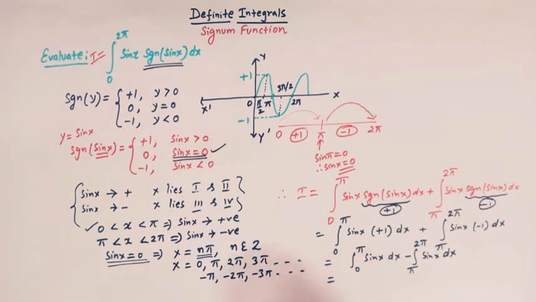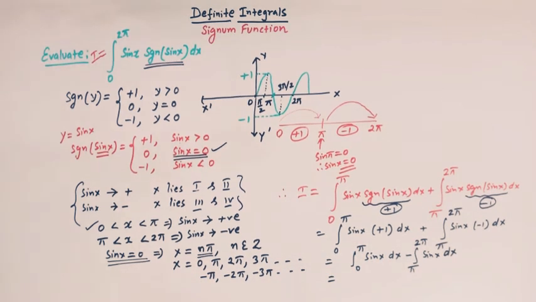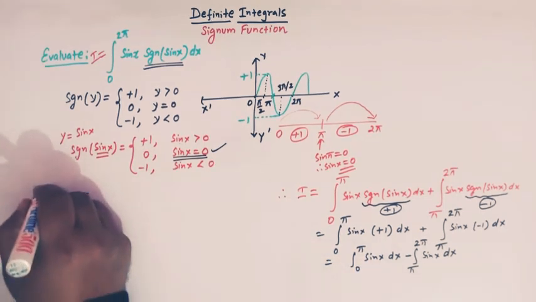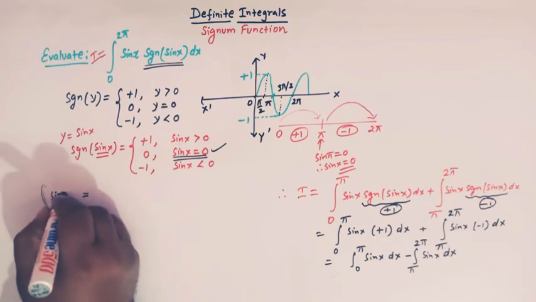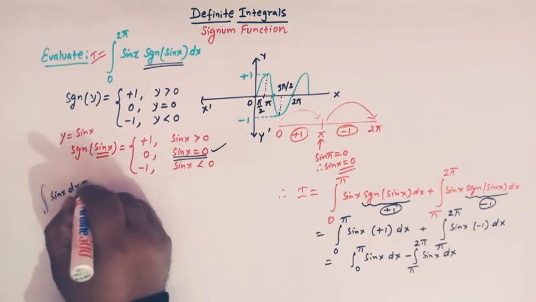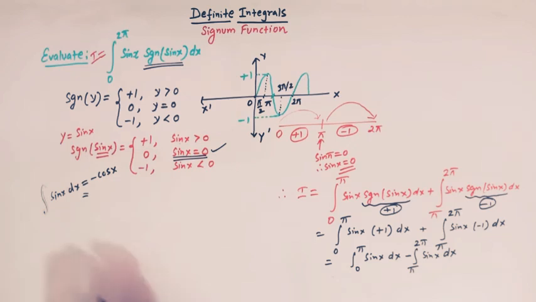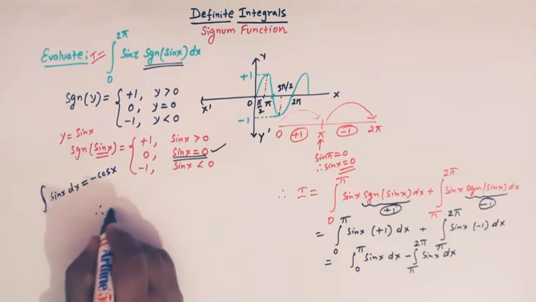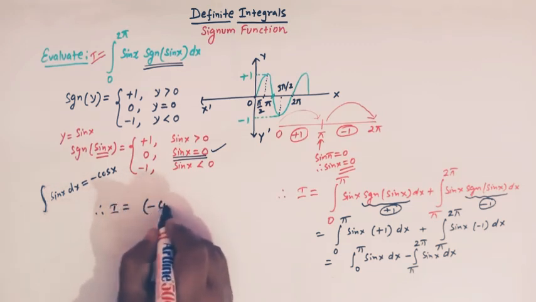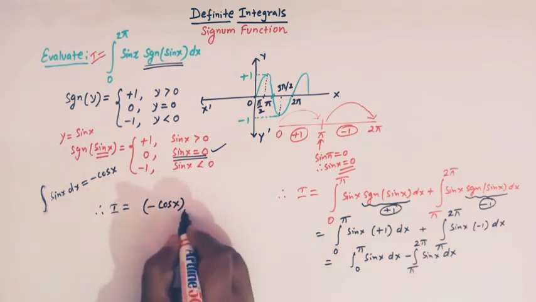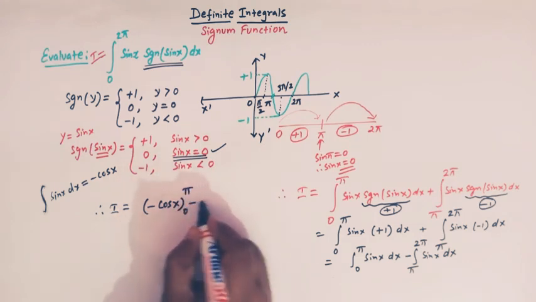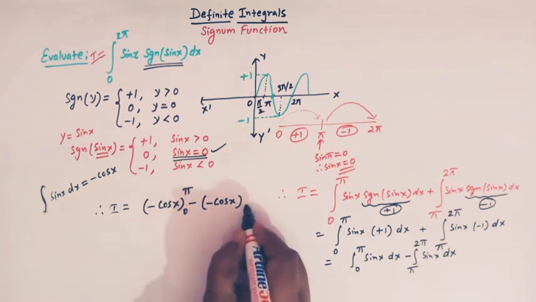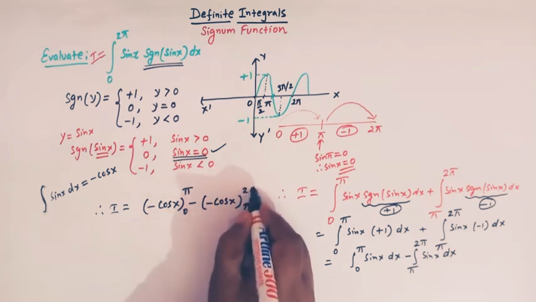The integral of sine x is minus cos x. So we can write this integral as minus cos x with limits from 0 to pi, then minus of minus cos x with limits from pi to 2 pi.